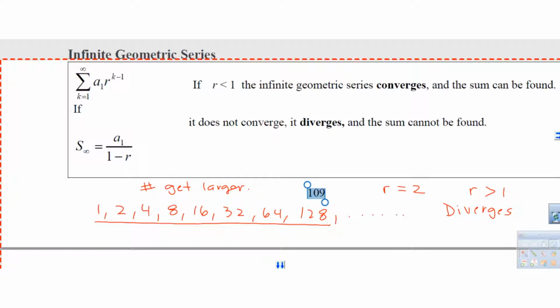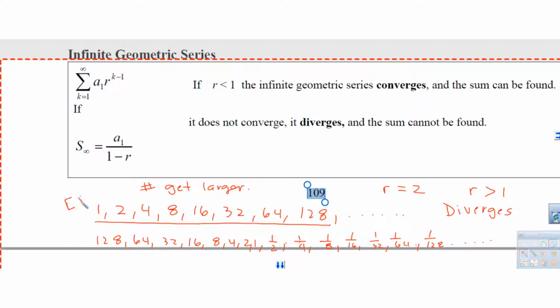Okay, let's do this one. Check this out. 128, 64, 32, 16, 8, 4, 2, 1, and so on. The next number after the 1 is going to be, can you tell me? 1/2. What's after 1/2? 1/4. Keep going. 1/8, 1/16, 1/32, 1/64, 1/128, and so on.